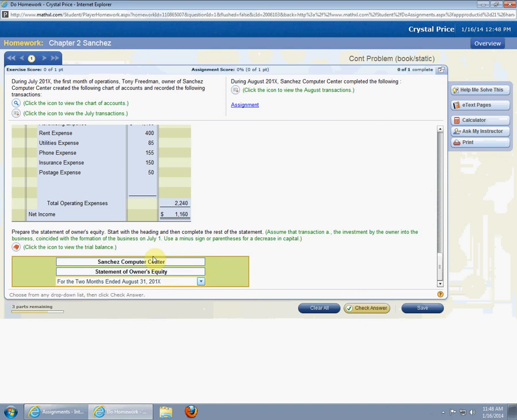Just go ahead and click it until it lets you continue. There you go. So you put the company name and then what the statement is, statement of owner's equity, and then for a 2-month period of time. Check your answer.